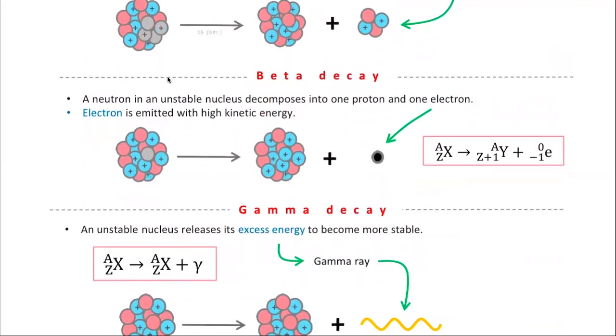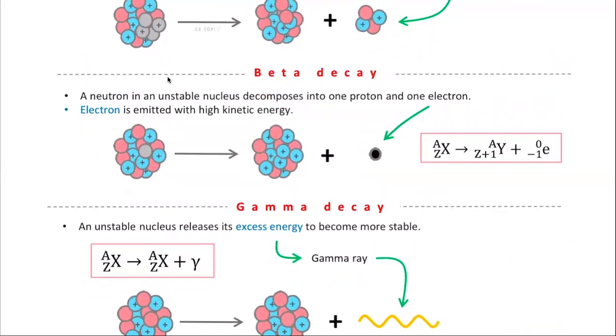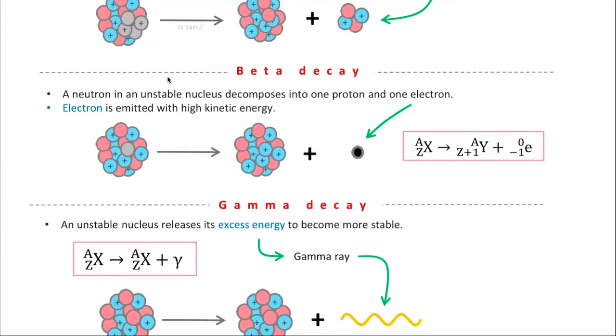Next one is beta decay. Now beta decay, it will emit an electron. From this equation here, you can see that there is an electron written down there, e 0 negative 1. Negative 1 means the charge. The charge of an electron is negative 1.